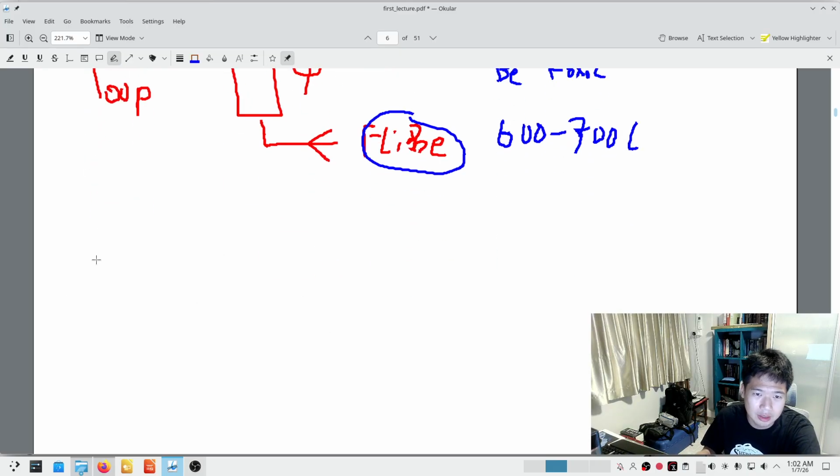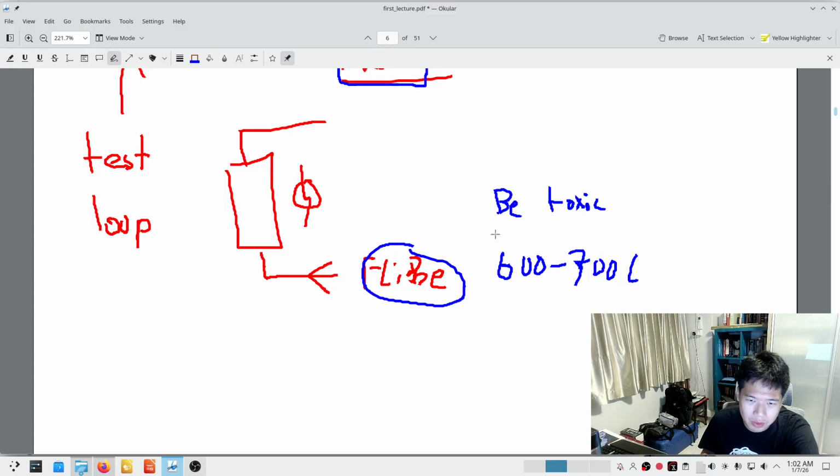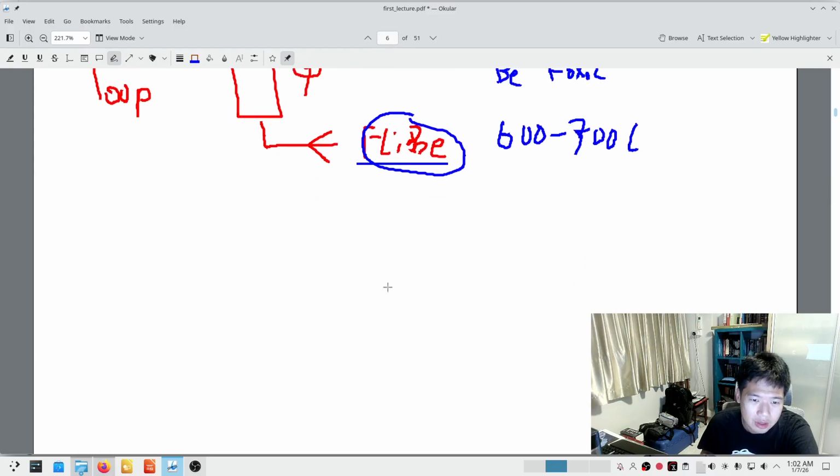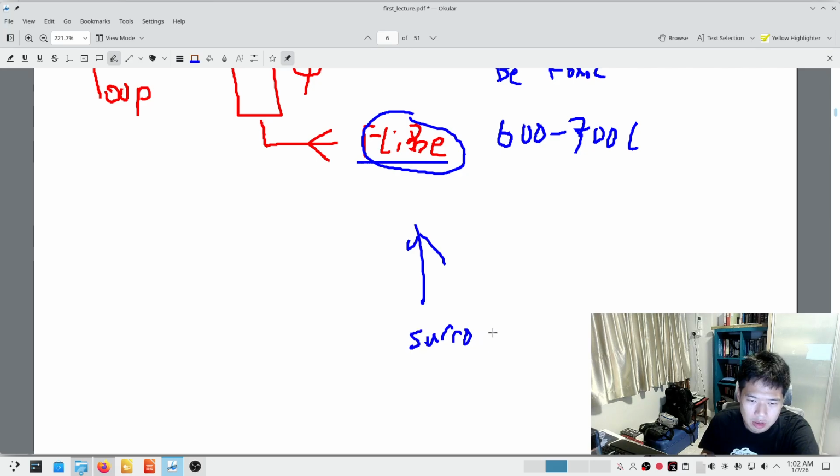So even before that, you may want to use a fluid that's a little bit less complicated than flibe. We call this a simulant fluid or surrogate fluid.